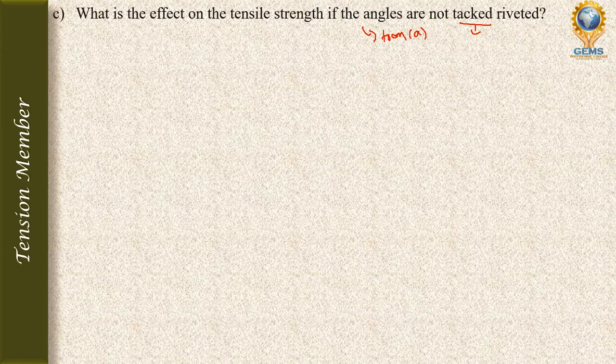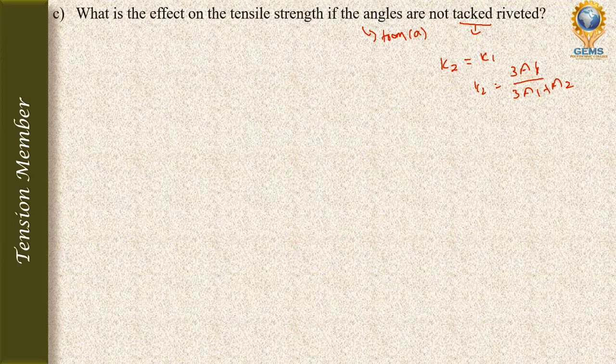In the previous videos, we saw that if the two angles are connected on the same side but not tack riveted, then it will act like a single leg angle. The reduction factor K2 will be like K1. So the K2 formula is 3A1 by 3A1 plus A2. This is the major difference between the tack riveted and the not tack riveted.